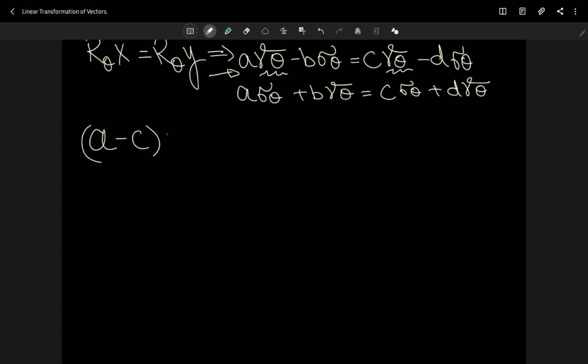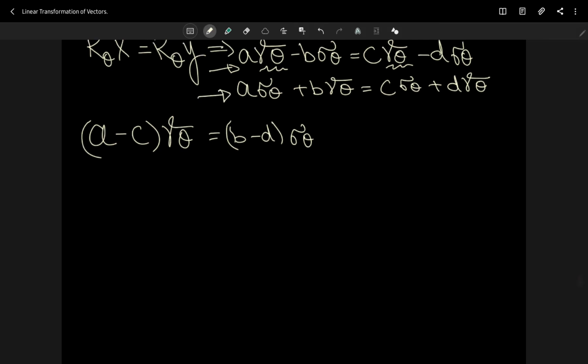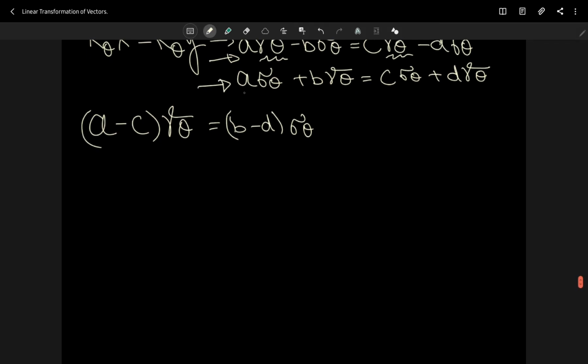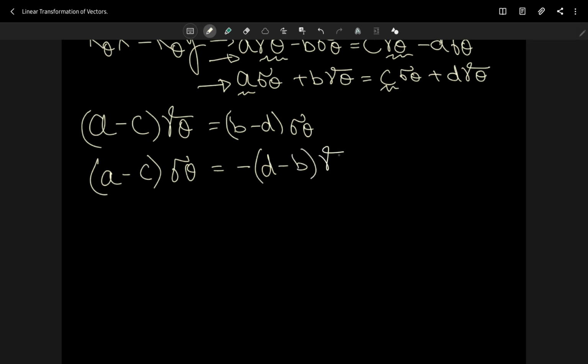So A minus C times cosine theta is equal to B minus D times sine theta, right? And from this one, with sine theta, I have A and C. So again, A minus C, this time with sine of theta, is equal to minus D minus B times cosine of theta.